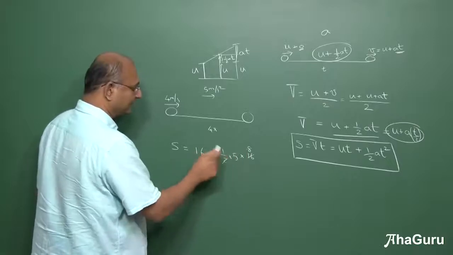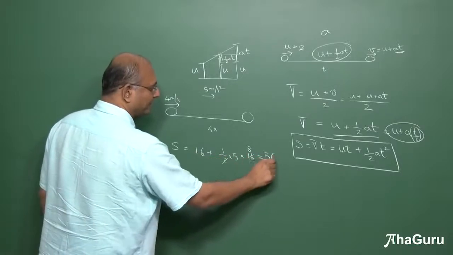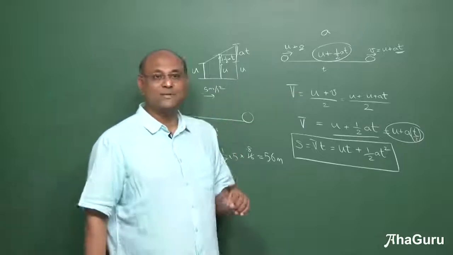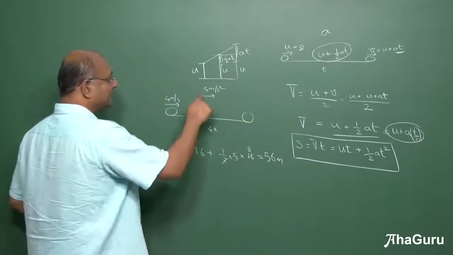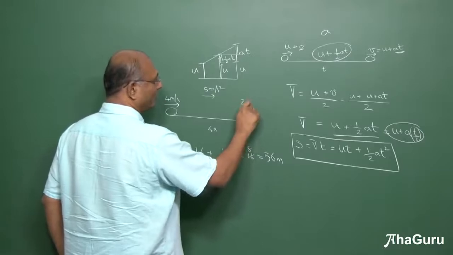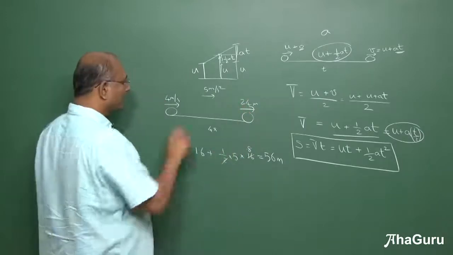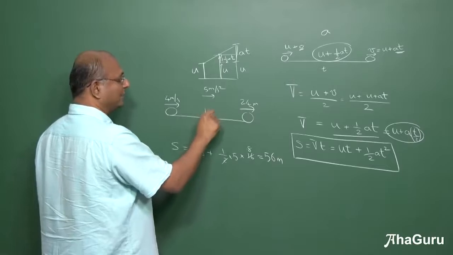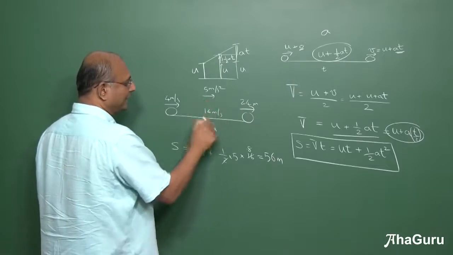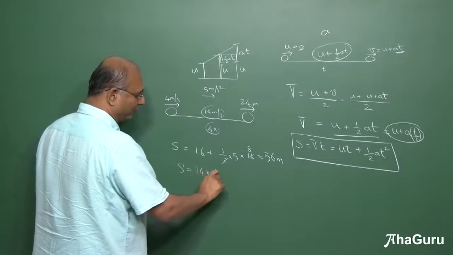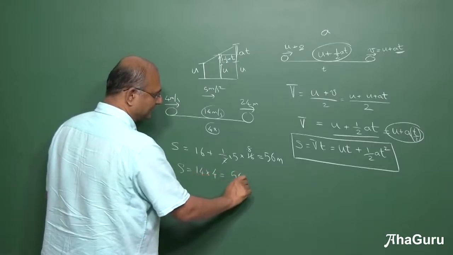So this is 40 plus 16, 56 meters. But I like to use u plus v by 2, that is much better. Let us see, 20 plus 4, 24. Average velocity, 28 by 2, 14 meters per second. 14 into 4, displacement is 14 into 4, that is 56 meters.